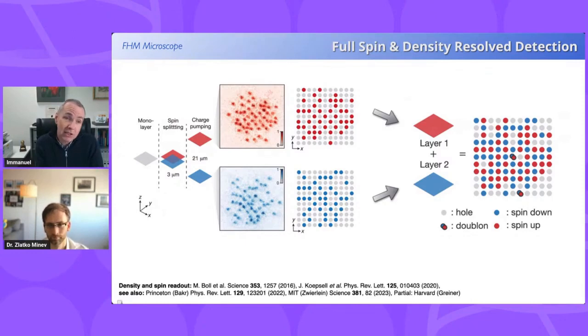But you can put on a single lattice site in a material a spin up and a spin down particle. Right. So in this case, that's a feature, not an artifact. Yeah, so the doublons are not an artifact. They occur in the system. They are part of the physics, and we want to detect them, right?